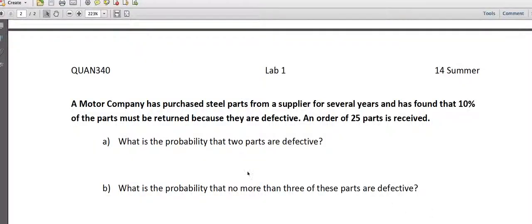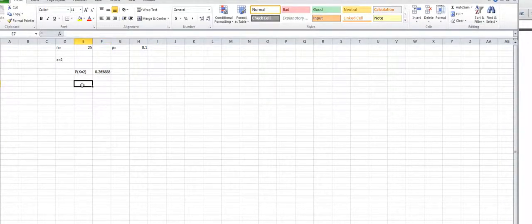So now we've done the first question: what is the probability that the 2 parts are defective? Now look at the second: what is the probability that no more than 3 of these parts are defective? The second question asks us, what is the probability for x smaller than or equal to 3?